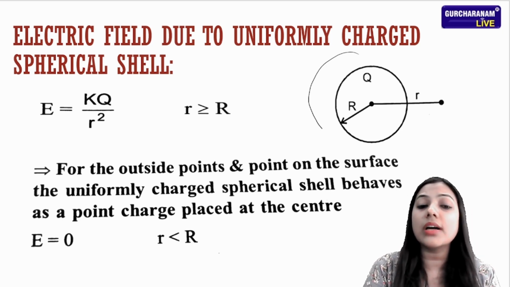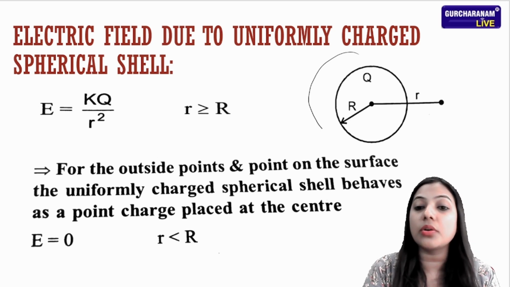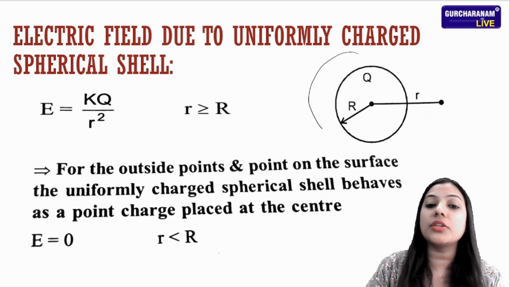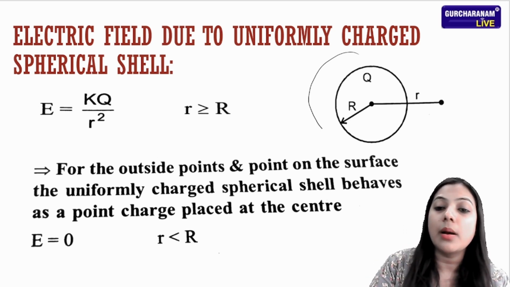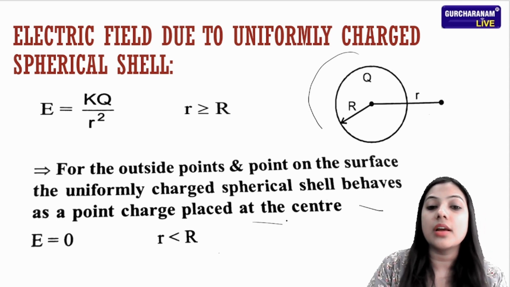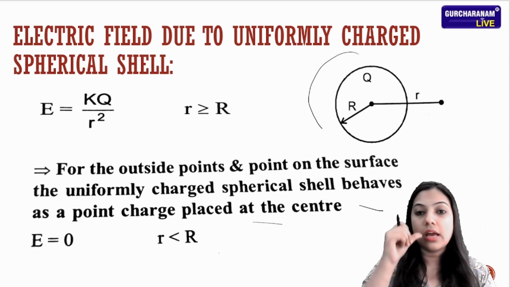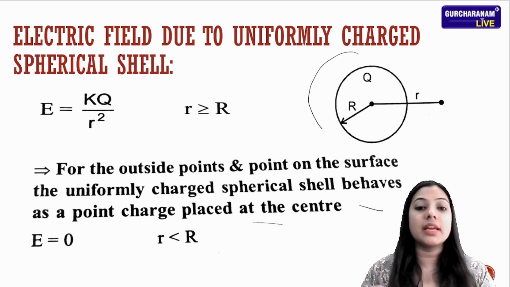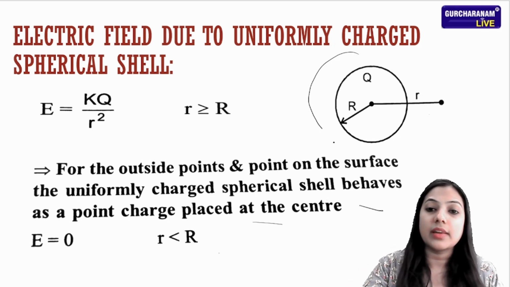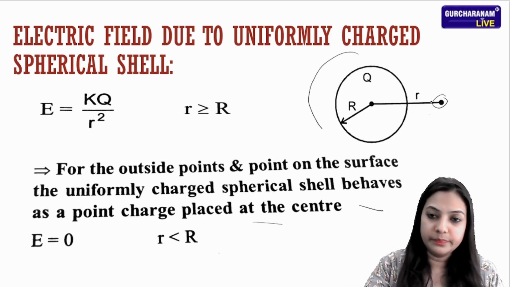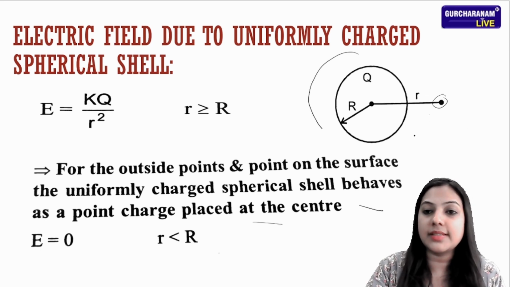For the outside point and point on the surface, the uniformly charged spherical shell behaves as a point charge at the center. How does it behave like a point charge? Because the point is outside the sphere.